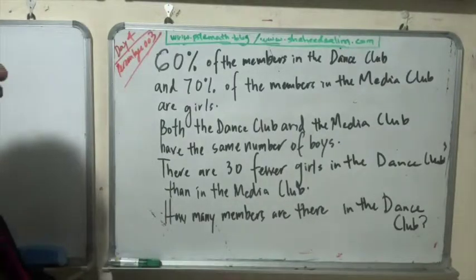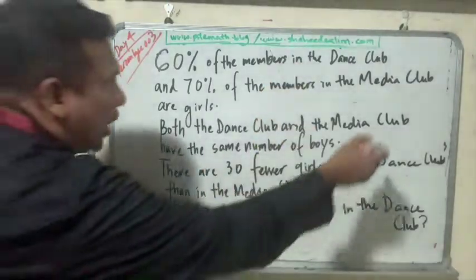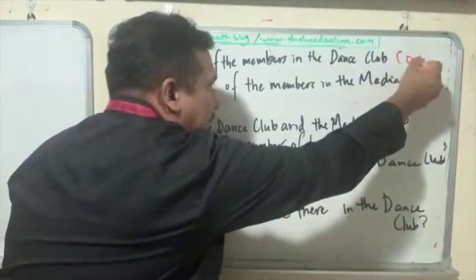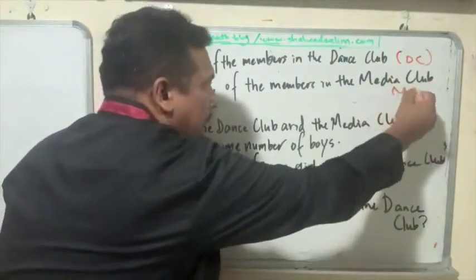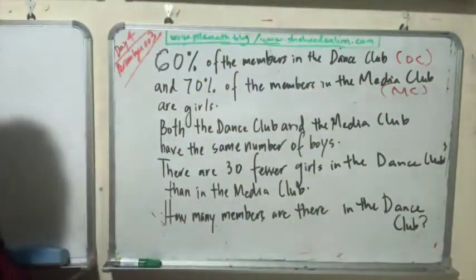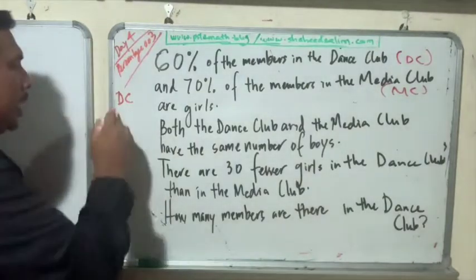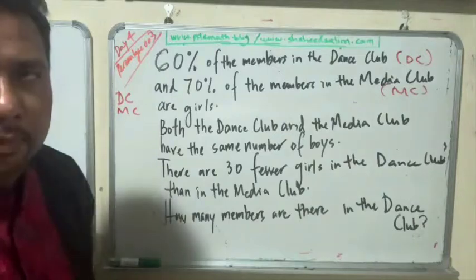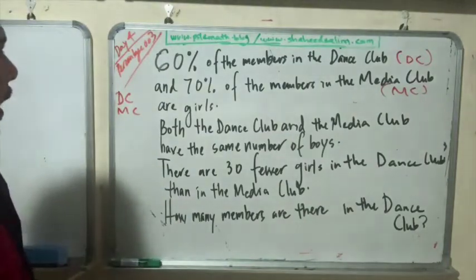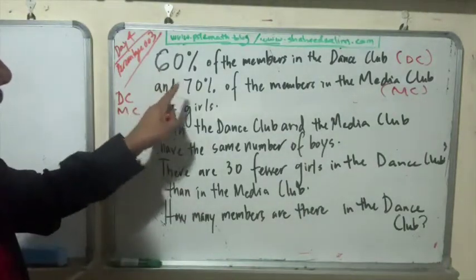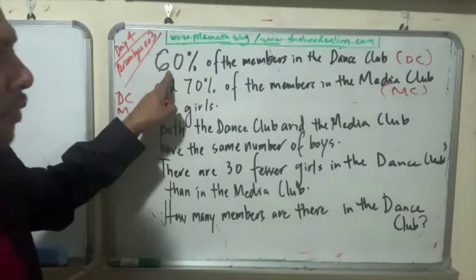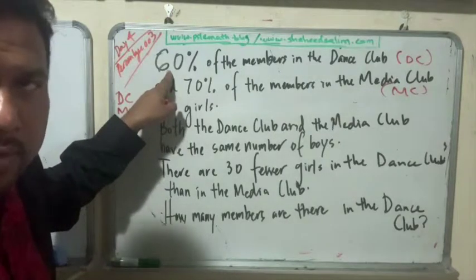There's a dance club, DC, and the media club, MC. And they tell us that 60% of the dance club members are girls.